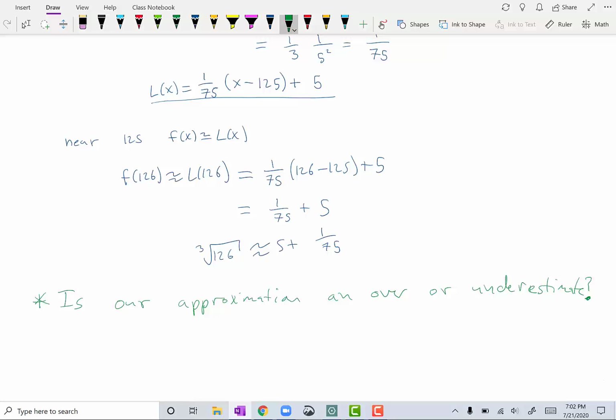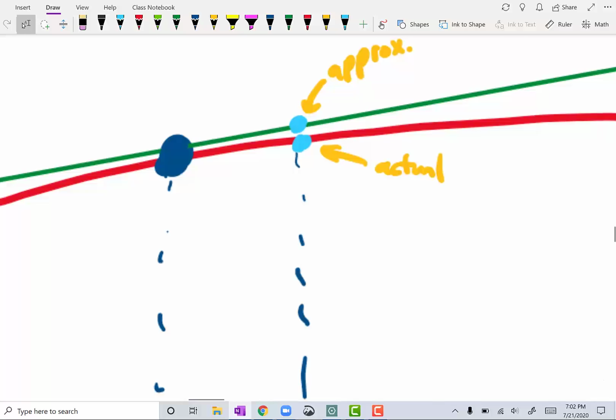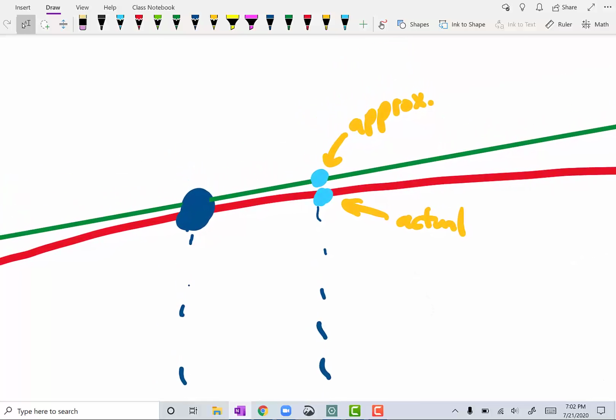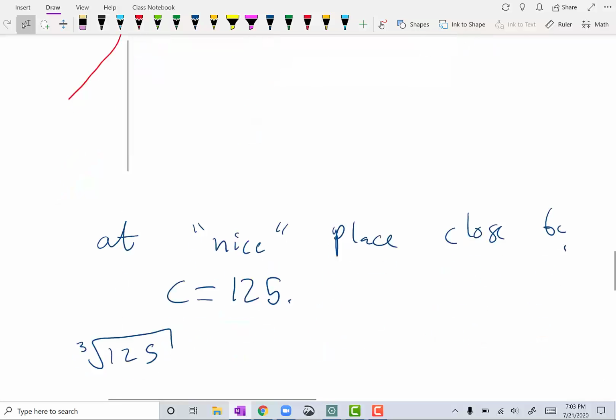Well, the idea is all encoded in the picture we drew above. If we zoom in here, because the tangent line lies above the function, then when we plugged our 126 into our linearization, the y value was higher there than the actual value, which would have been on the red line. So this means that our approximation was an overestimate because the tangent line was above the graph.